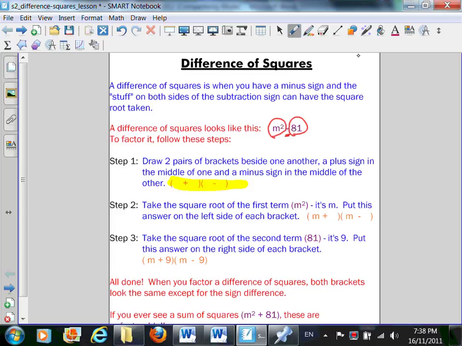Take the square root of the first term. Well, this is just m squared, and the square root of m squared is just m. So you put that square root in front of both of those signs. It's first in the original expression right here, so it's first down here too.